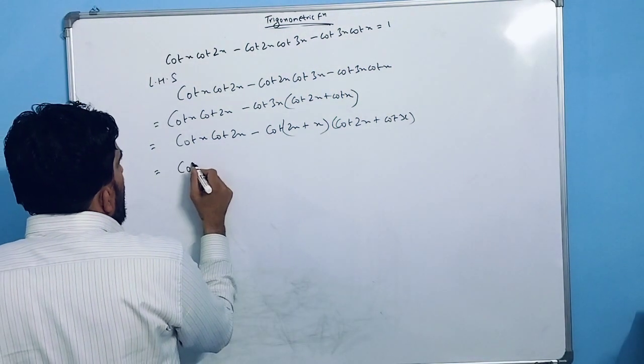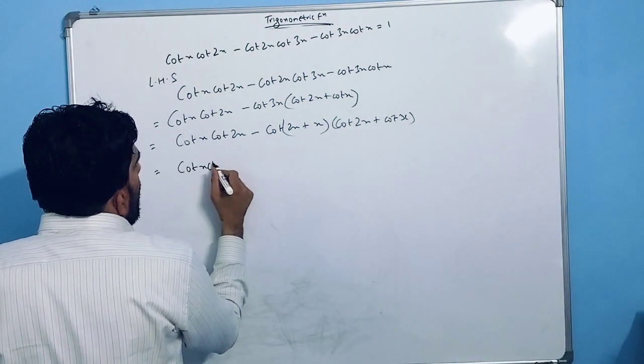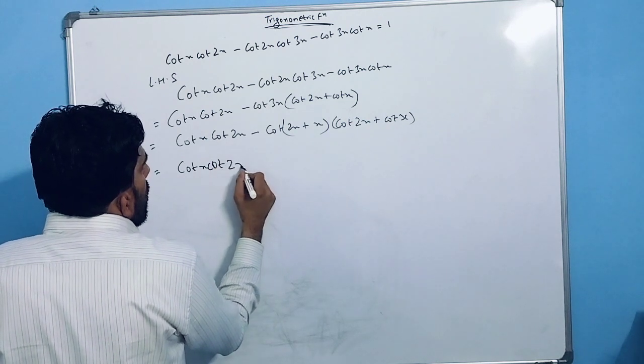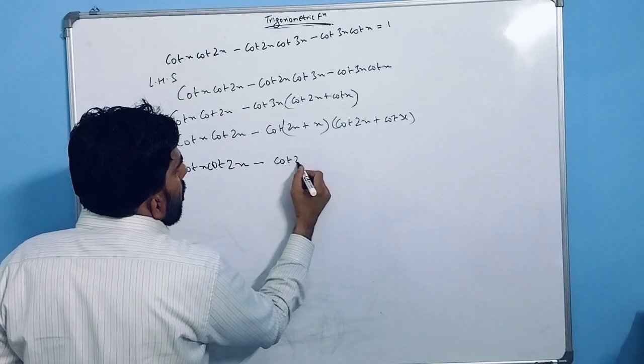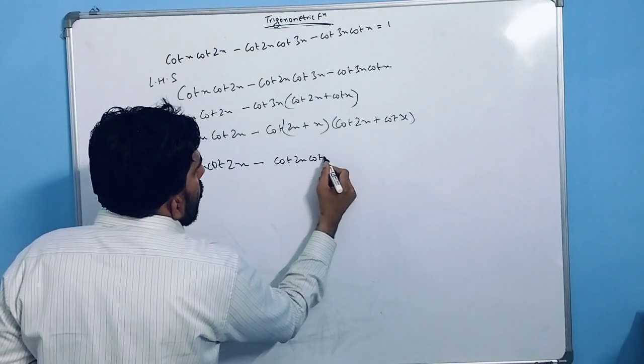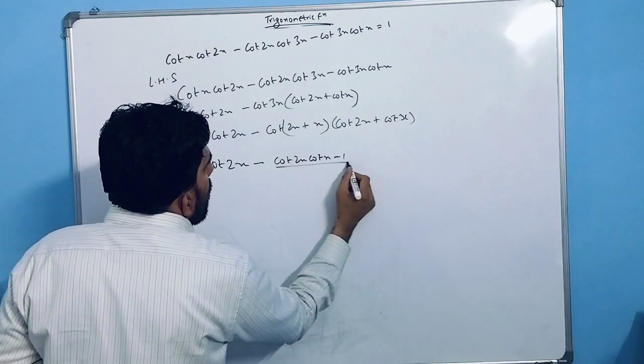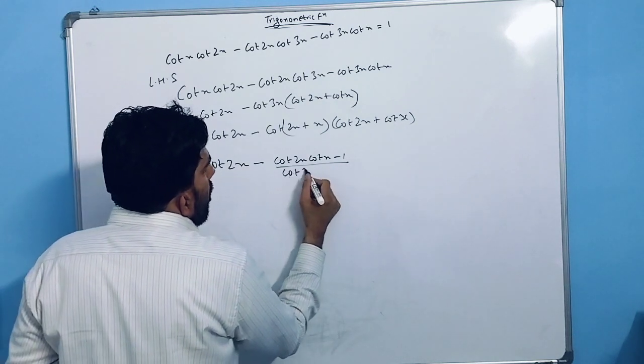Now my next step will be to use the cot (x plus y) formula, cot x cot y minus 1 upon cot x plus cot y.